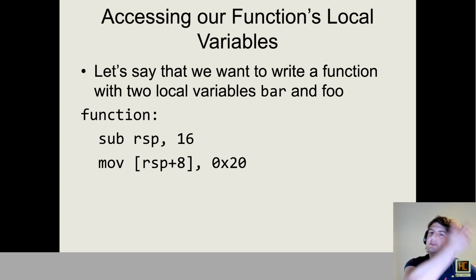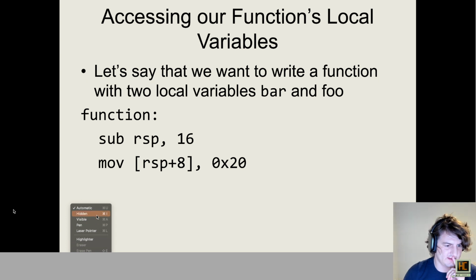Then we'll store some values into that location. Now that we've subtracted from RSP, the stack is growing down. If we index up from the stack pointer, we should be able to see that. Let's see if I can quickly, crappily draw this.